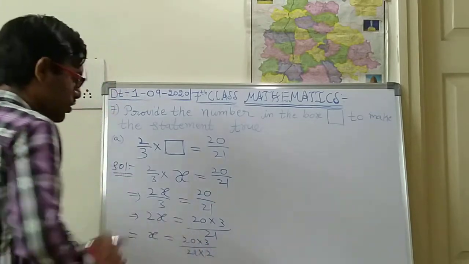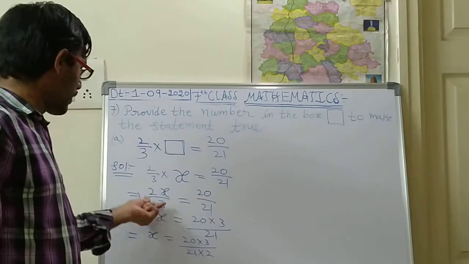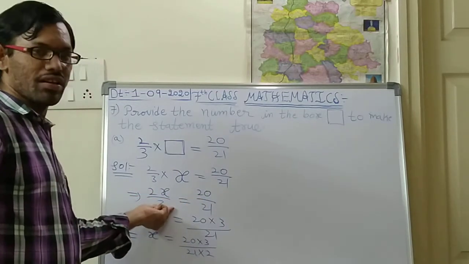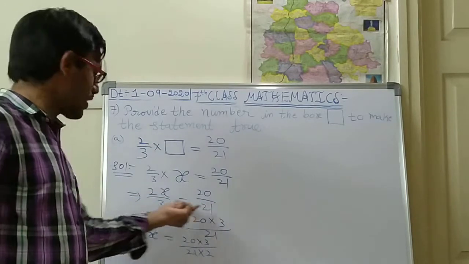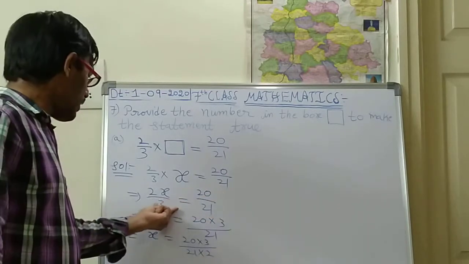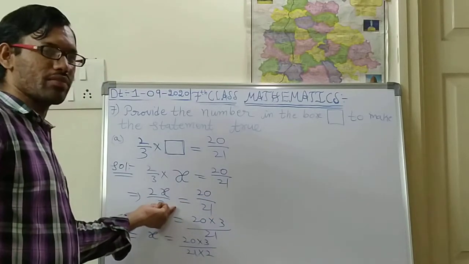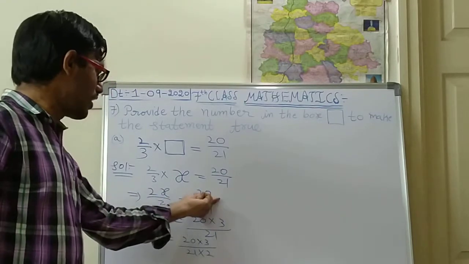Next, I think you have understood this one. 2x by 3 equals 20 by 21. Here 3 is dividing with the 2x, so if it goes to the RHS part, it will multiply. The denominator in the LHS part, if it goes to the RHS part, will multiply with the numerator.